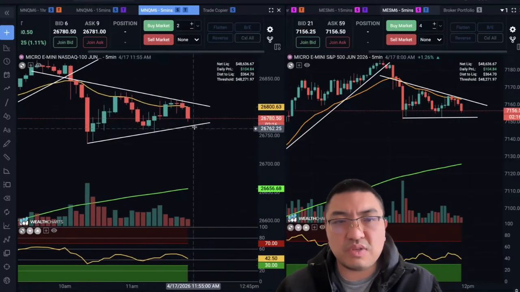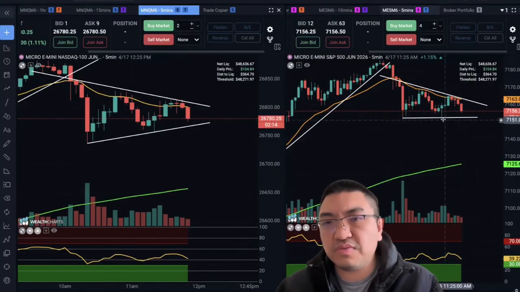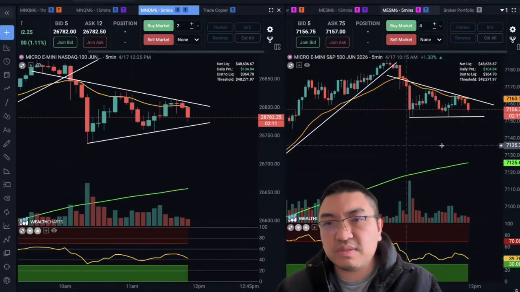So we'll see if we eventually break this trend line. Or for ES, it's like this one.